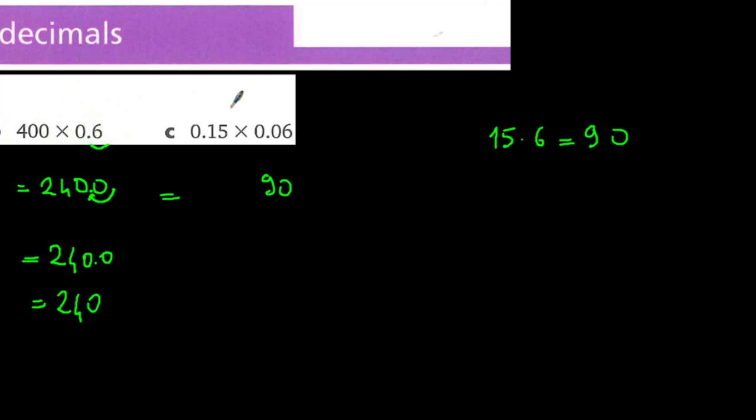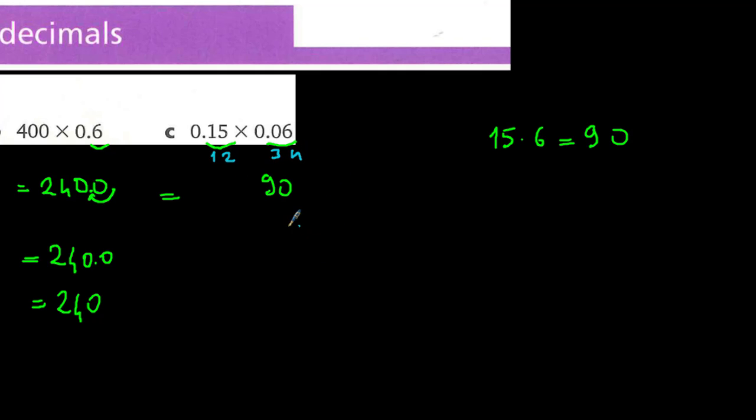This part is important. Listen carefully now. Here, after the decimal point, we have 2 numbers, 1 and 2. And here, we also have 2 decimal numbers. So how many decimal numbers after the decimal point? 1, 2, 3, and 4.